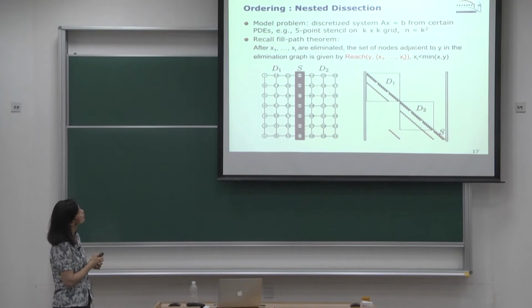Our theorem says that after some vertices x1 to xi are eliminated, for the fill edge yx, this x has to be in the reachable set from y, going through all the vertices which are already eliminated. So these vertices have numbering which is smaller than x and y, so they are already eliminated.